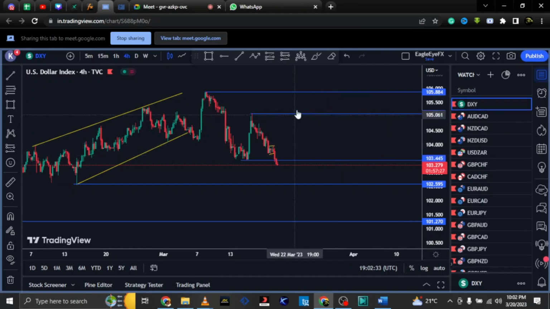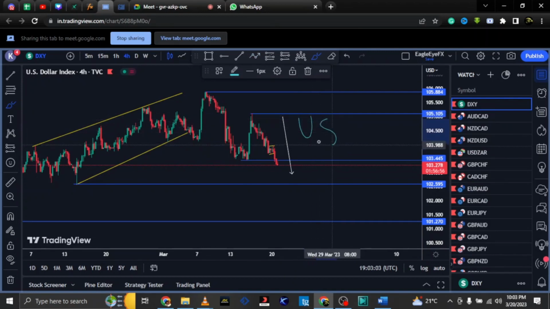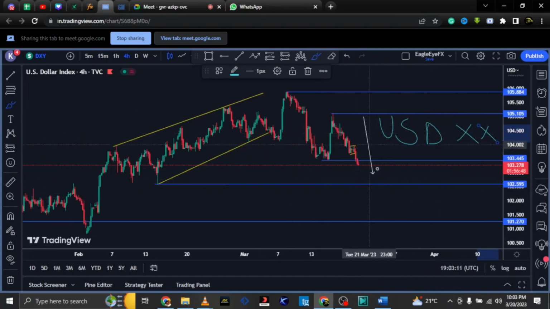So I want to share this. The first thing I look at when I'm approaching the markets is the dollar index, because it normally guides me, especially in relation to the dollar pairs. One thing I've seen is that, for example, now that the dollar index is bearish, any pair with USD first, something, normally follows the dollar index direction.